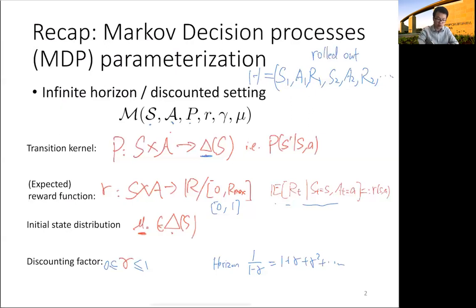Okay, so S1 is drawn from mu0. And A1 is drawn from taking a particular policy pi, say it's a stationary policy. Then this is drawn from this distribution given S equal to S1.